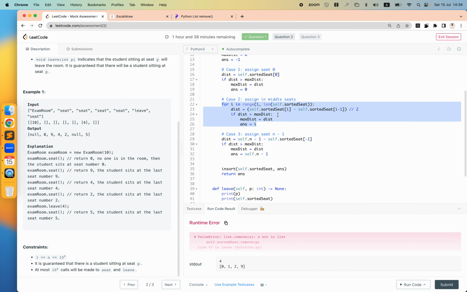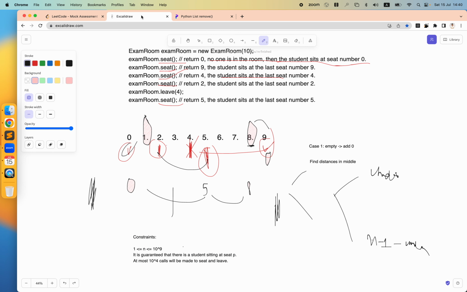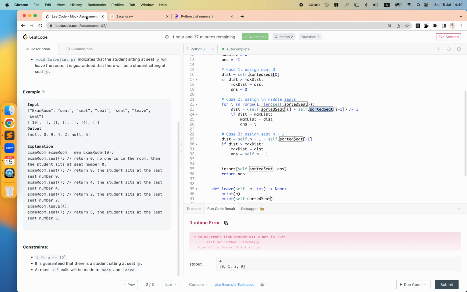So it should be this one minus this one, right? When it's 0 and 9, the distance here will be 9 divided by 2, which will be 4.